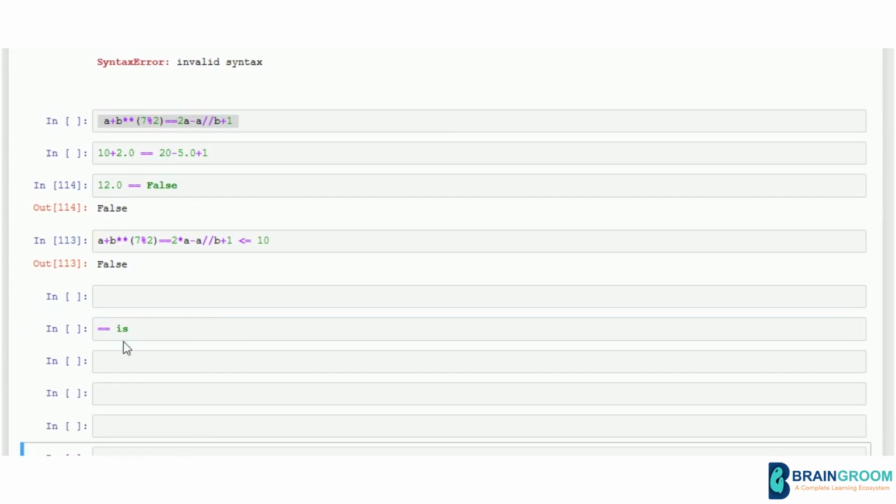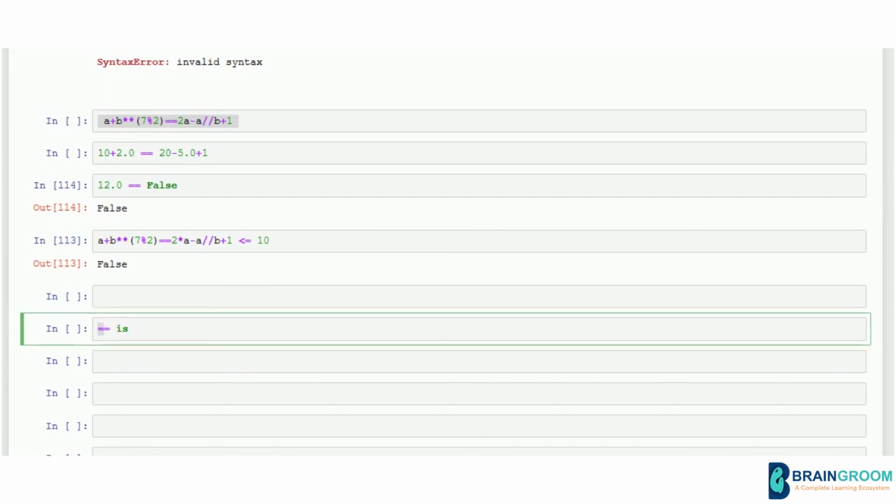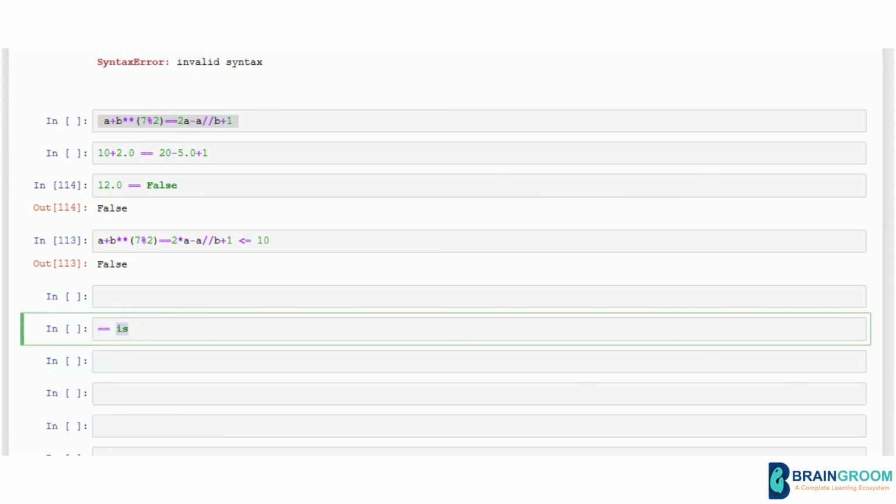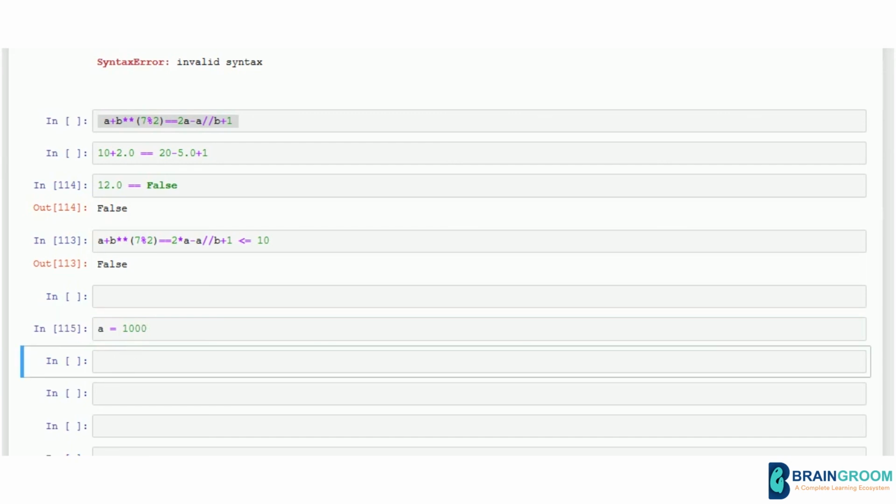If you have listened properly, again let me tell you, equal to checks for the value of the objects, if they are the same, and is checks if the objects are the same. What I mean by that is, let's say I have something like a equal to 1000, and then I have b equal to 10 power 3.